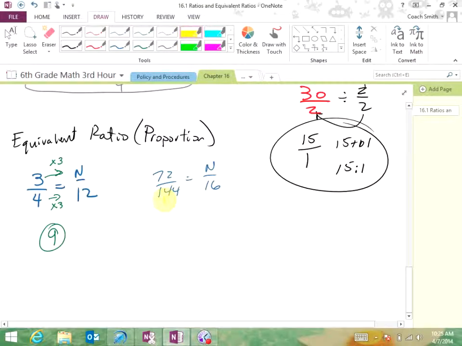So we went from 144 to 16, so we reduced the number to go from 144 to 16. What did we reduce 144 by to get 16? Not everybody at once.